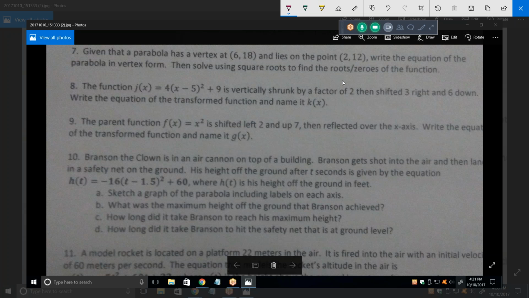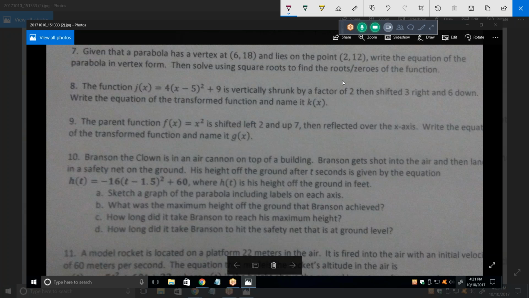Not this exact equation, but that very similar equation. It would be a minus 16, squared, plus whatever the height was. All right? What they're telling you is that this particular h of t equation is going to model Branson's height relative to time.